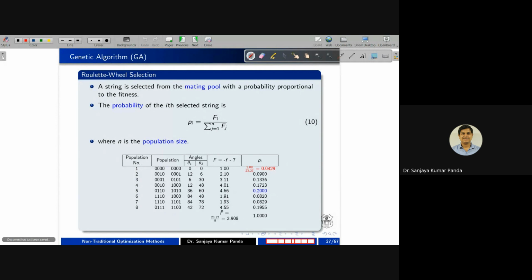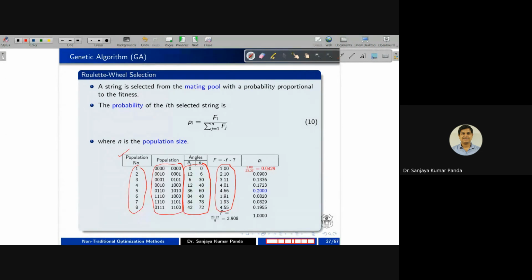So what are we doing? In this case, we have already taken 8 different populations, and these are the encodings for the 8 populations and their corresponding angles. We have calculated the fitness, and these are the fitness values. So we can calculate the average fitness value.